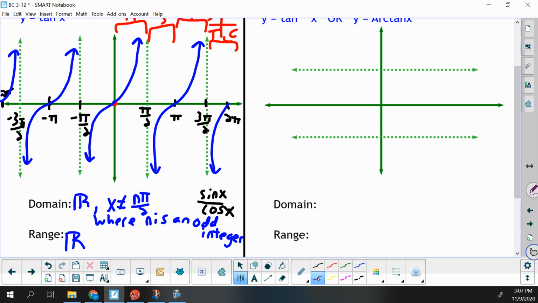Well, our principal branch, we need a section that passes the horizontal line test that has both positive and negative y values. And we want to be close to x equals 0 if possible. So we just take in between these two asymptotes. So there's asymptotes at x equals -pi over 2 and x equals pi over 2.